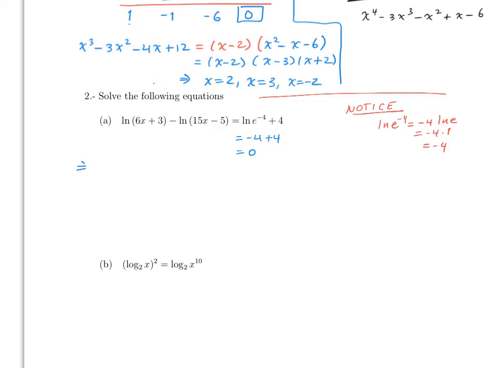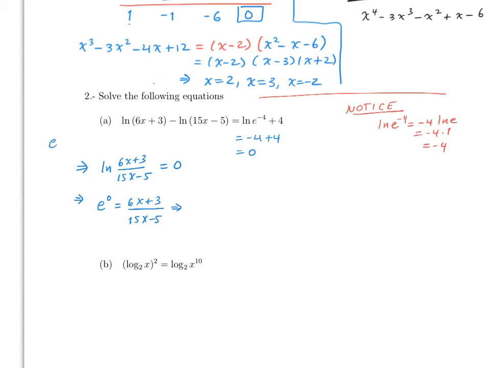Now the left side, by the properties of logs, equals ln of 6x plus 3 divided by 15x minus 5, and this should equal 0. Then if we change to exponential, this will be e to the 0 equals 6x plus 3 divided by 15x minus 5.